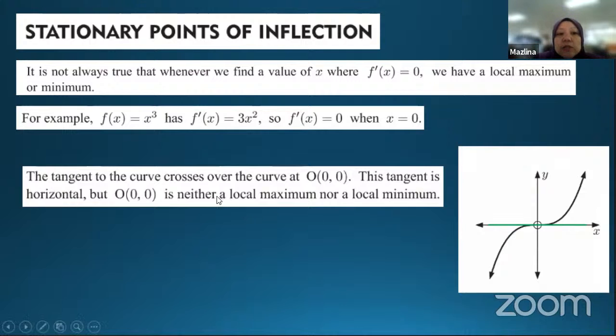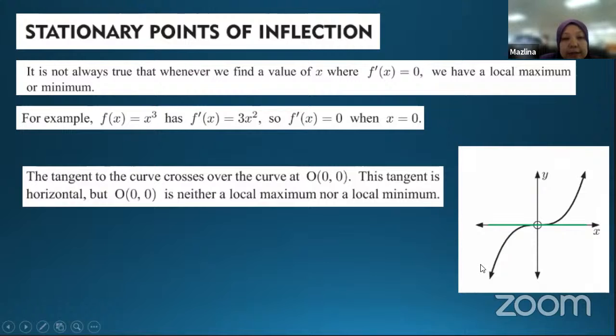So the tangent to the curve crosses over the curve at 0, which is 0, 0. This tangent is horizontal, but 0, 0 is neither a local maximum nor a local minimum. It is not a minimum point. It is not a maximum point as well.